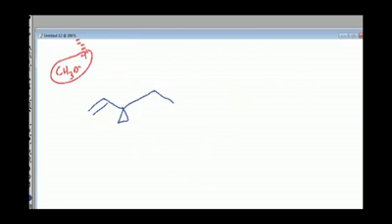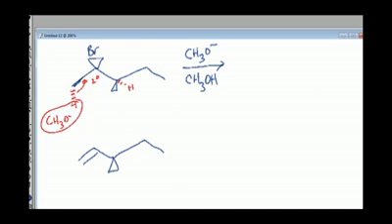And if I abstract this hydrogen here, the electrons will go over here to where the gap would be when the bromine leaves, and I would get a double bond there.